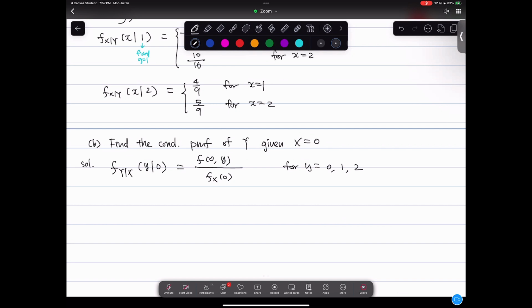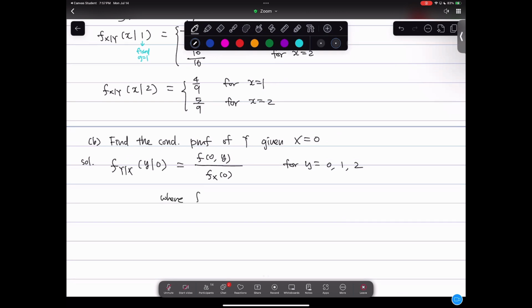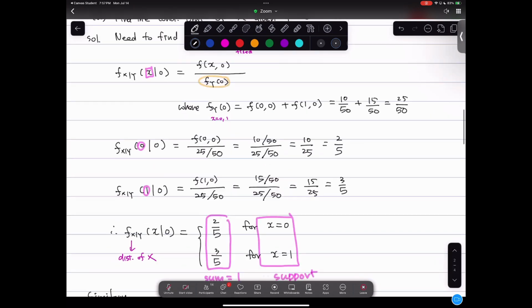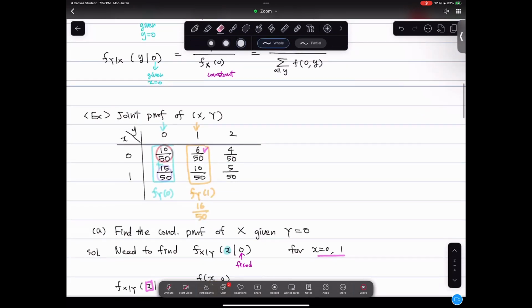Let's get, first of all, f of x 0, which means in that distribution, now I'm looking at this x value. Let's clear that out. So my x has to be fixed at 0. And the marginal must be the sum of these two numbers. So that's 10 plus 10, 20 over 50. That's a marginal.